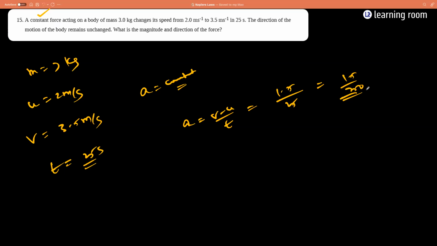Here, the acceleration is 0.06 meter per second square. So what is going to be the force? Mass into acceleration, 3 into 0.06, 0.18. So force is 0.18 newton, and the direction of force is the direction of motion of the object, because here you have no specific direction mentioned.